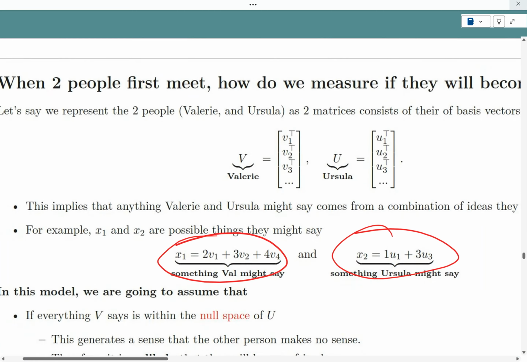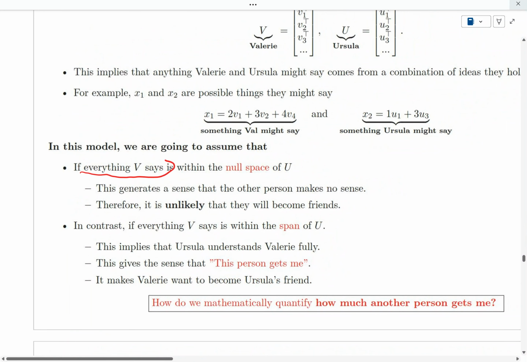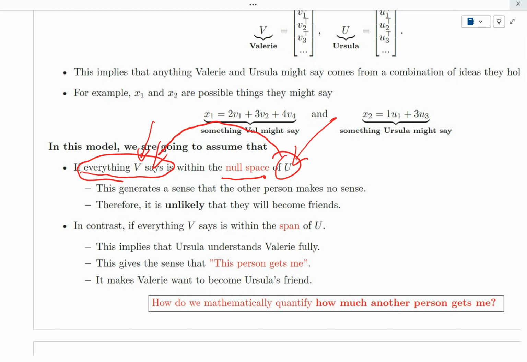Now we're going to make an important assumption. If everything Valerie says is in the null space of Ursula, that means Ursula will have no clue what Valerie is saying.